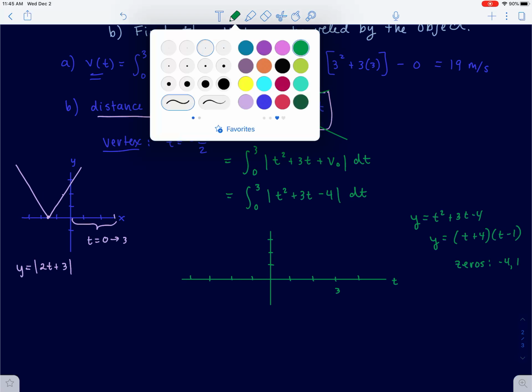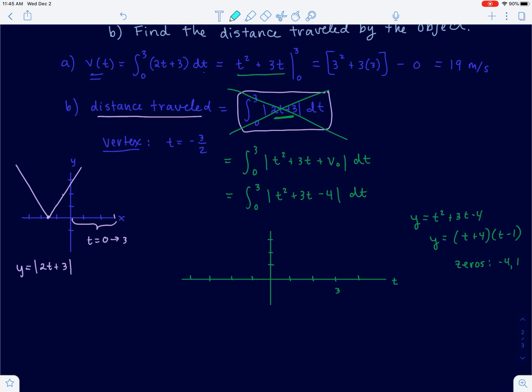So we've got a 0 at -4, a 0 at 1. This is a parabola that opens up. I don't really need to scale the y-axis because I know what's going to happen: my parabola would be doing this, right?